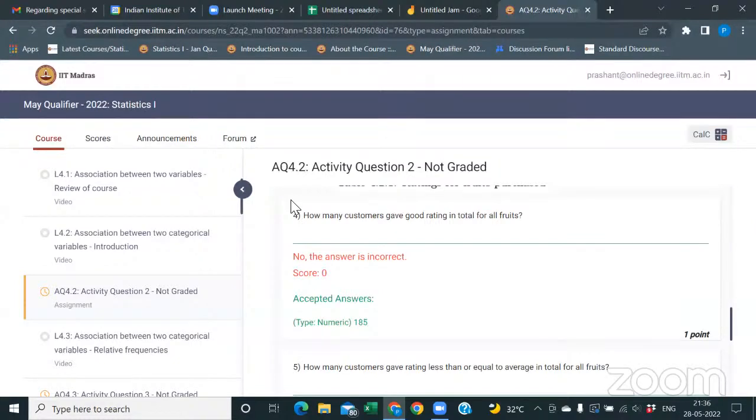Sir, do we need to submit the 5th week assignment or not? Regarding the 5th week assignment, it is recommended that you attempt and submit the graded assignment, because when you clear the qualifier and opt for the stats term, the marks of week 5 will be considered.